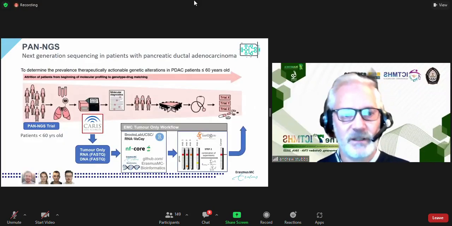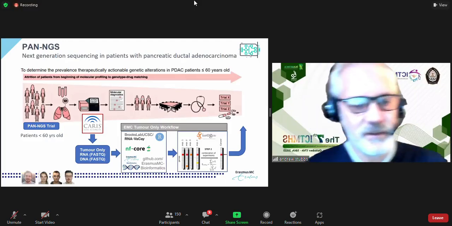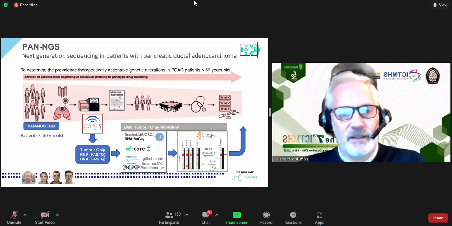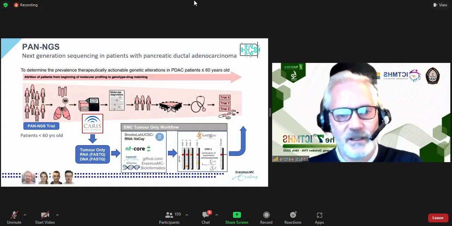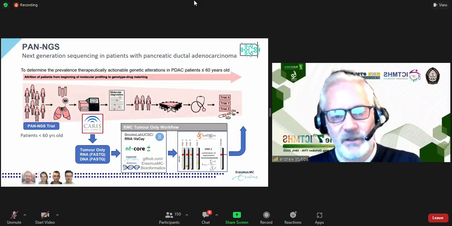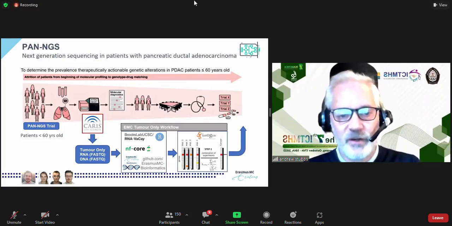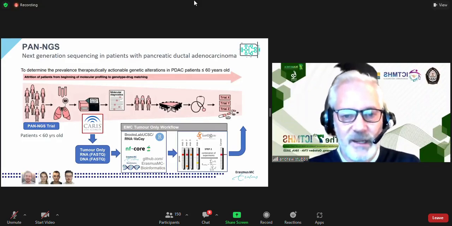So in our own study, called the PanNGS trial, we're looking at 250 to 300 individuals younger than 60 years old. We take a tissue biopsy and send it off for sequencing. In this case, we use a US company, which is looking at fusion gene detection. And then in the bottom part of that picture, we're looking at the tumor only, either at the transcript level, the RNA, or the DNA.